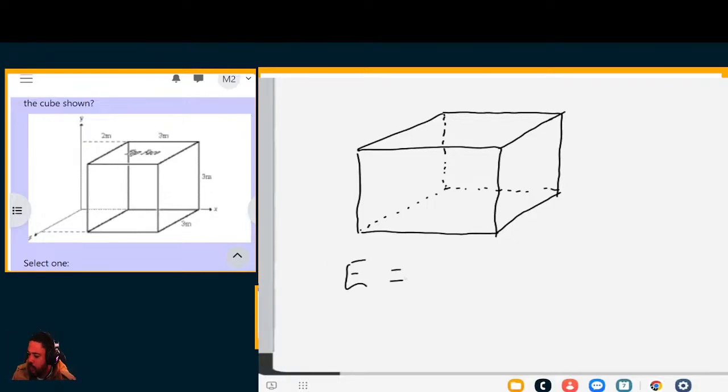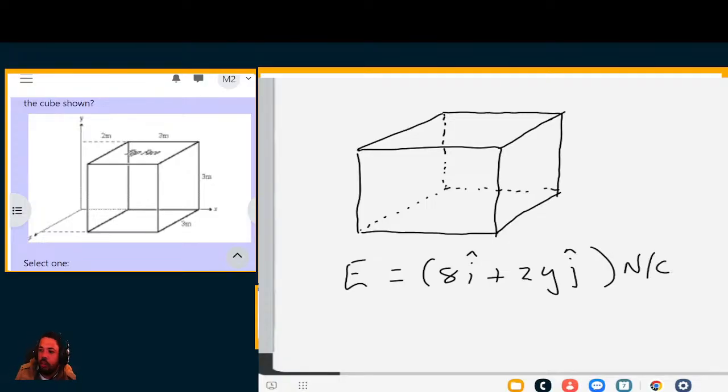This electric field is described by the formula 8 i hat plus 2y j hat. So this is the electric field in the region of this box, right? Okay, so there is an electric field.